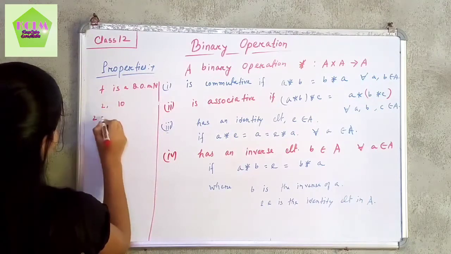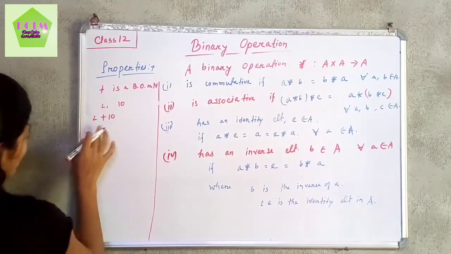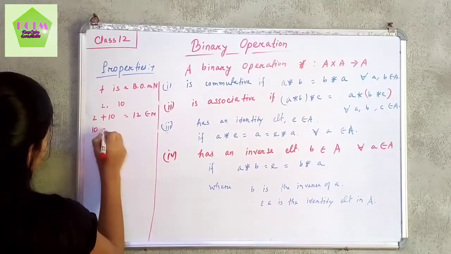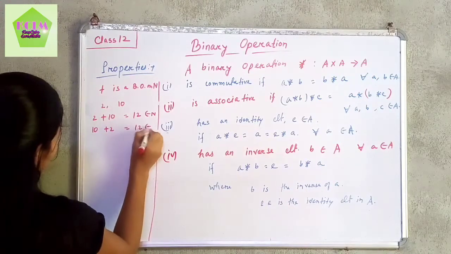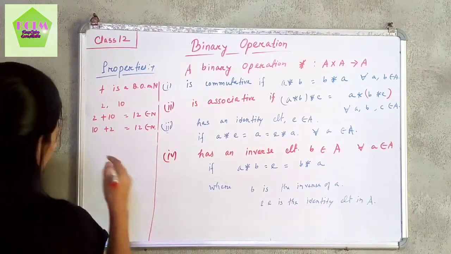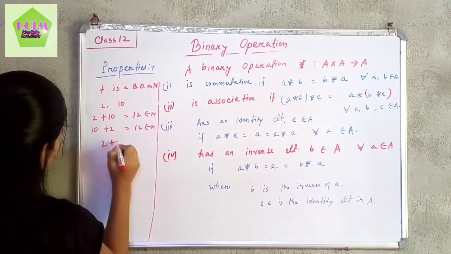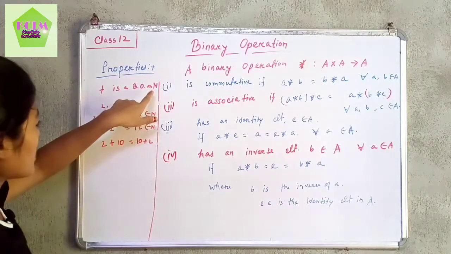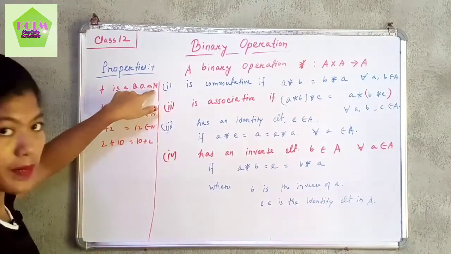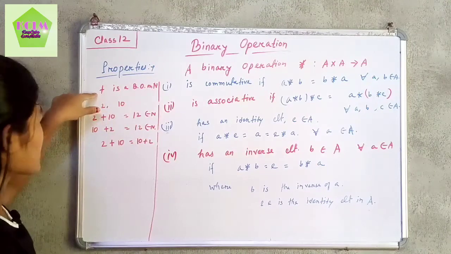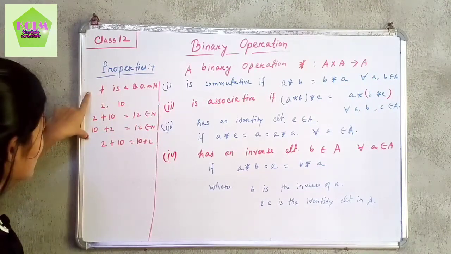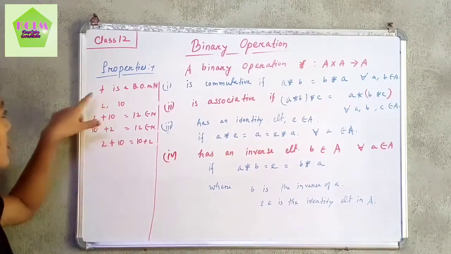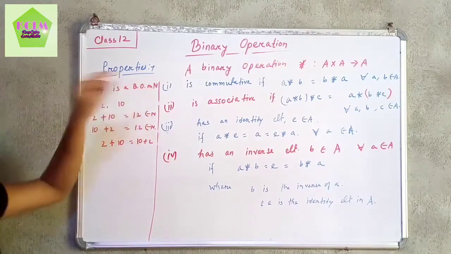If we first take 2 plus 10, it will be 12, which belongs to N. Again 10 plus 2 equal 12 belongs to N. So in that case we can write 2 plus 10 equal 10 plus 2. So for the set of natural numbers N, if we take the binary operation as addition, this is a commutative binary operation. So here addition on N is called commutative.